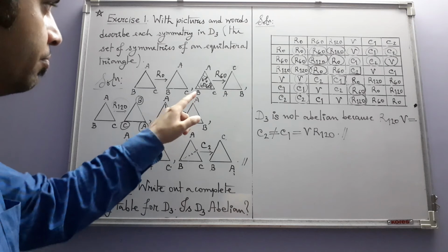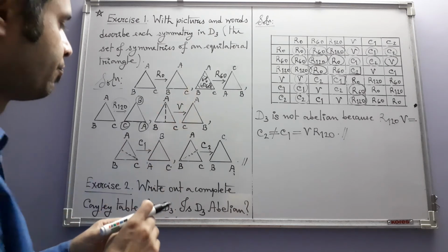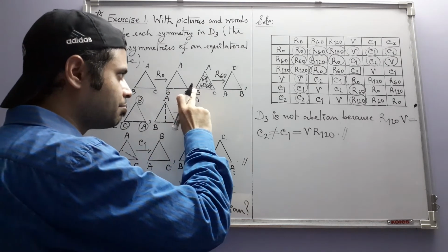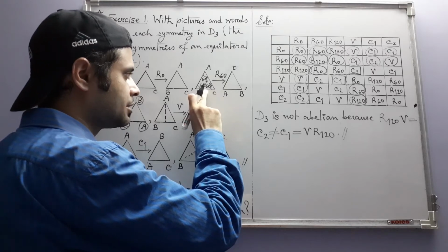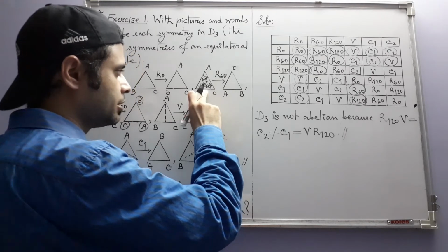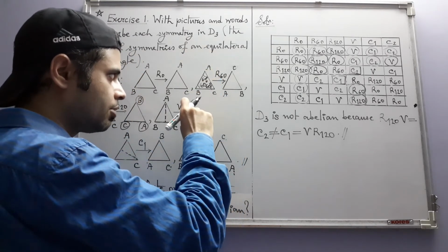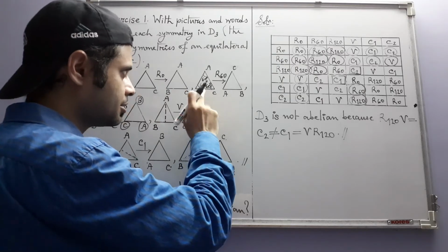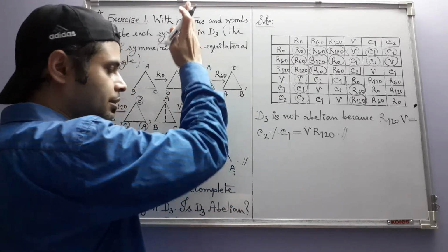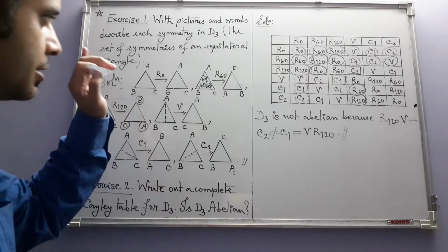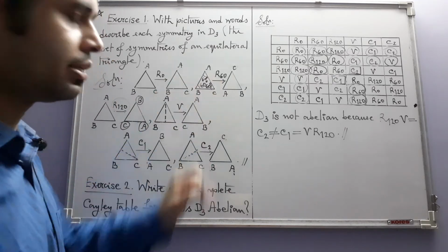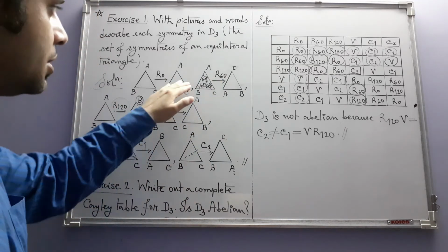For example, if you draw the perpendicular bisector of the side BC, that is a line that is perpendicular to BC and bisects BC, then that line passes through the third vertex. That same thing happens for the other sides also because of symmetry.